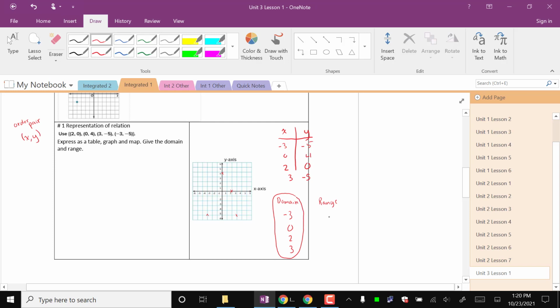Our range values are -5, 4, and 0. So now we're going to map them. So -3 goes to -5, 0 goes to 4, 2 goes to 0, and 3 also goes to -5.